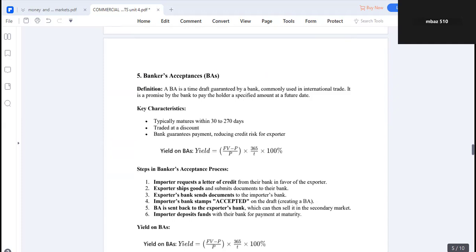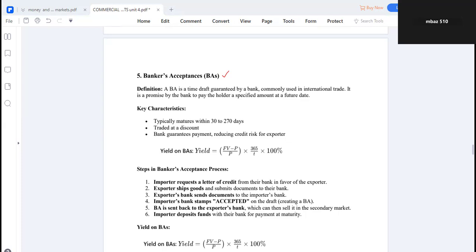Then we go to our banker's acceptance. So a BA is a time draft where a bank guarantees to make a payment. In our money market, it is very important to understand how these instruments work.